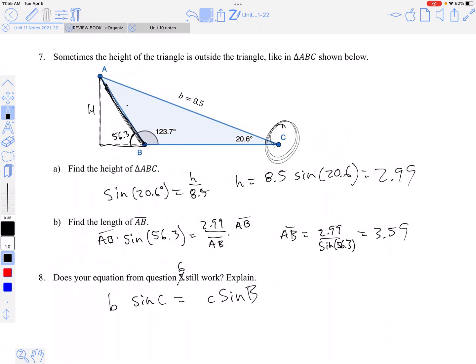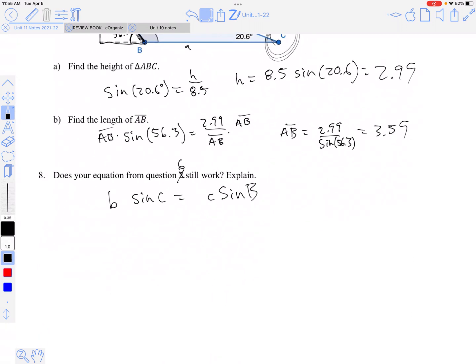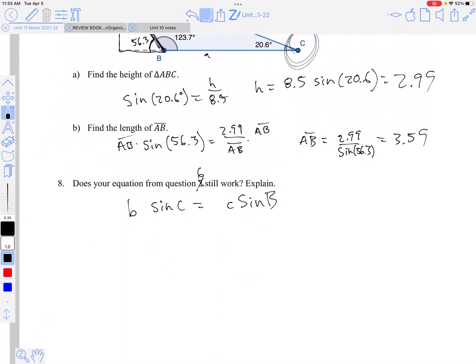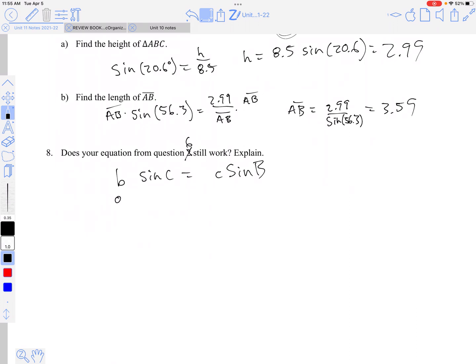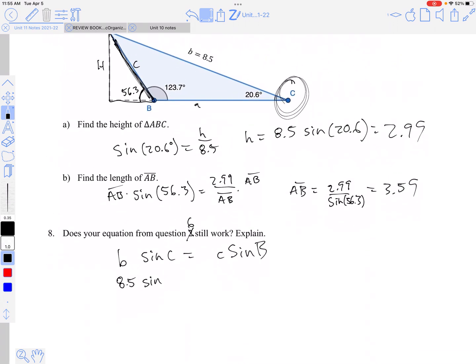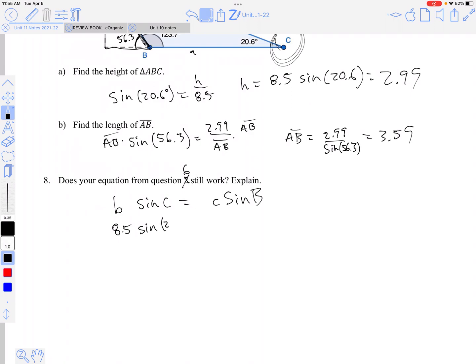Here's little c. There is B, and we don't have A, so we're not going to worry about that right now. Okay, so side B was 8.5, and then sine of C was 20.6.